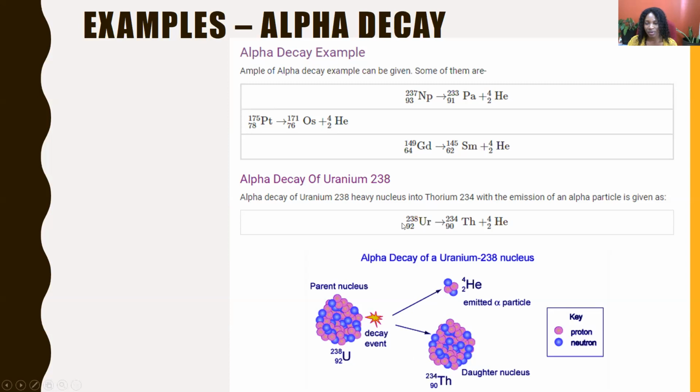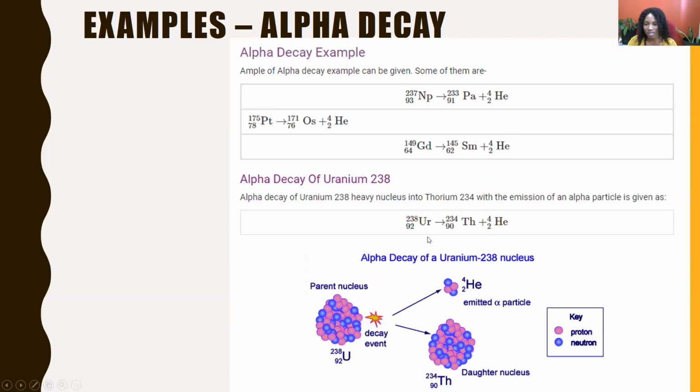So if we look at the equation at the top here, we would have realized that the mass number has decreased by 4. So we started off with uranium 238, we decayed, let off an alpha particle, and we have now reduced our mass number to 234. Now, if I add up all the mass numbers on the right-hand side of the equation, I should get back the exact same number as on the left-hand side.